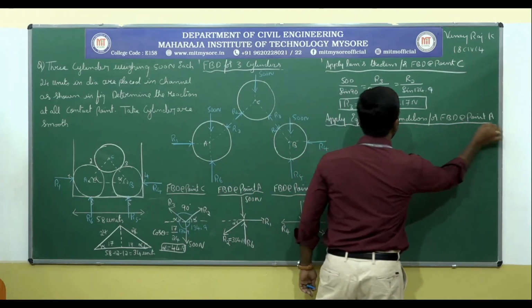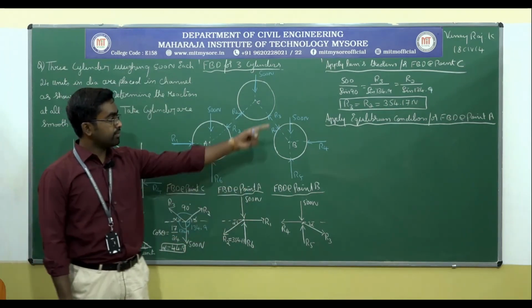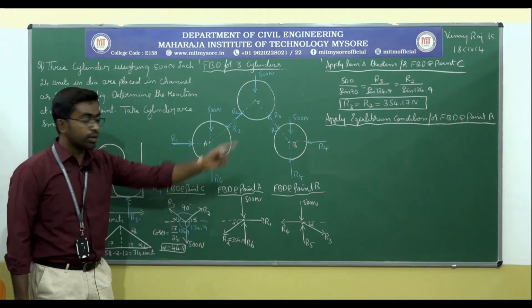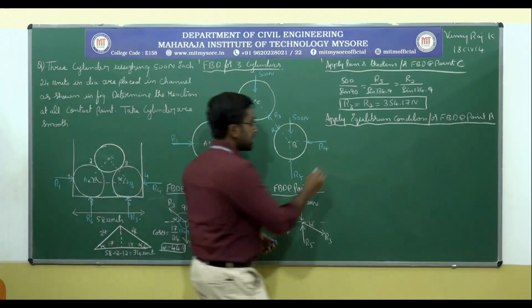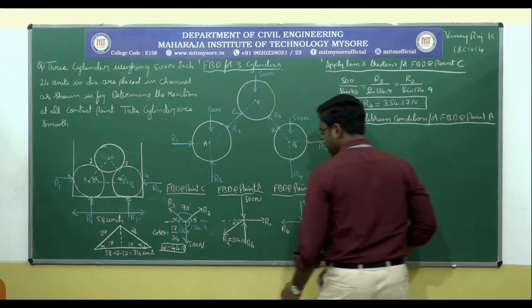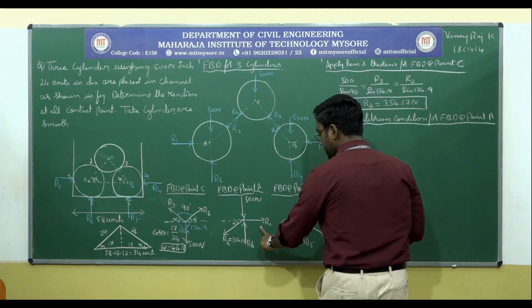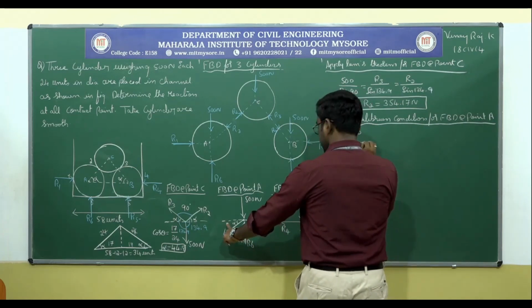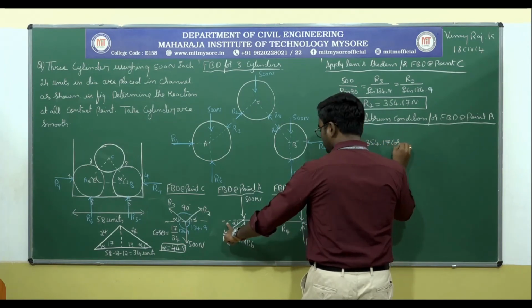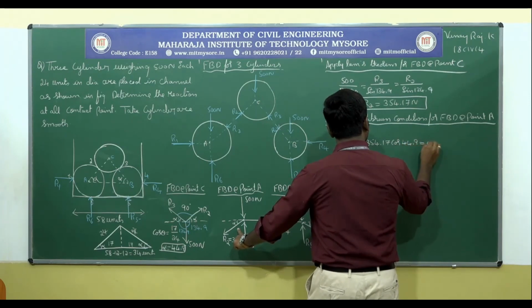Okay. Now I need to resolve this inclined force first before applying the equilibrium condition. So you know how to resolve. Directly I am going to write here, right? Summation of Fx is equal to 0. Starting from here, this is plus R1 and this will be minus 354.17 into cos alpha, where alpha is 44.9, is equal to 0.